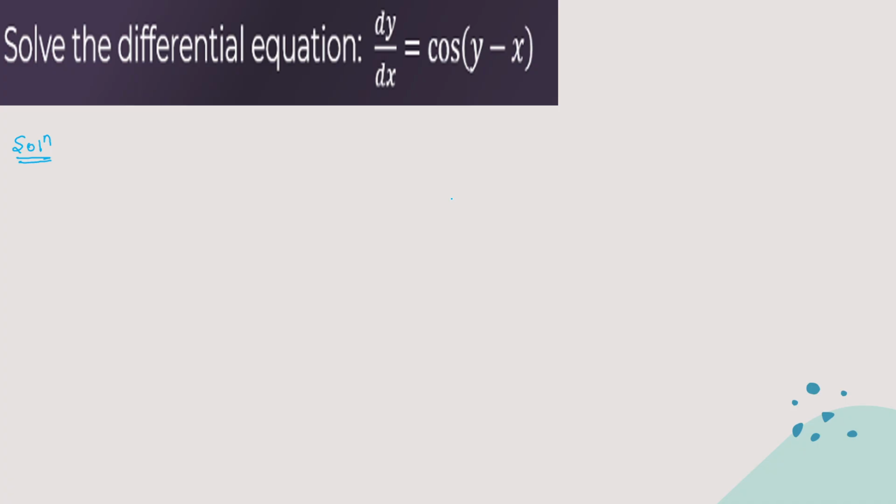Cos y cos x plus sin y sin x, like this. But check whether after doing that you are able to separate them or not. That is the real question, right? So yes, any other method?